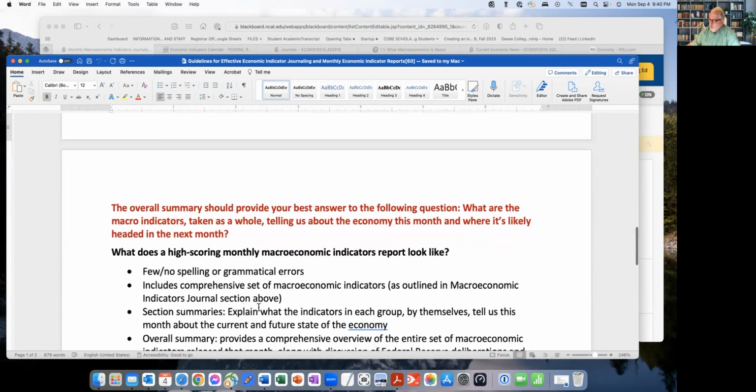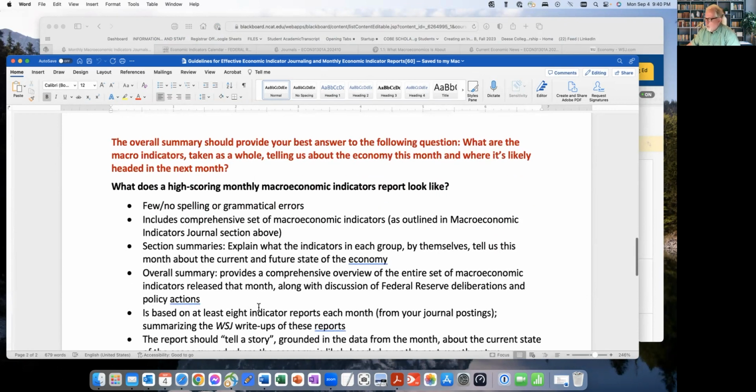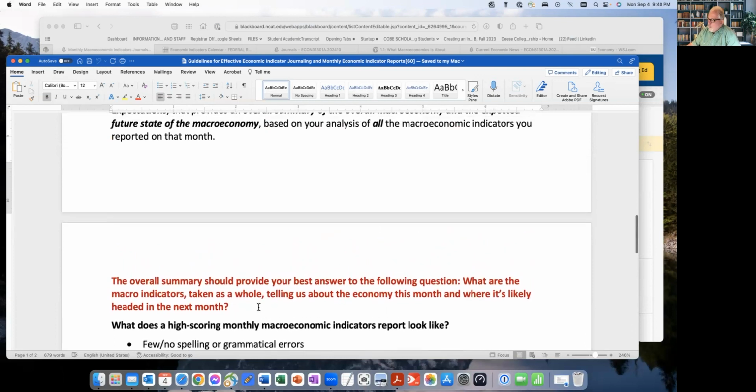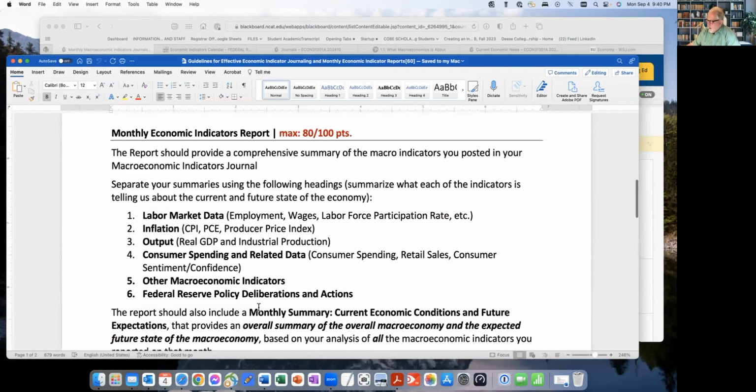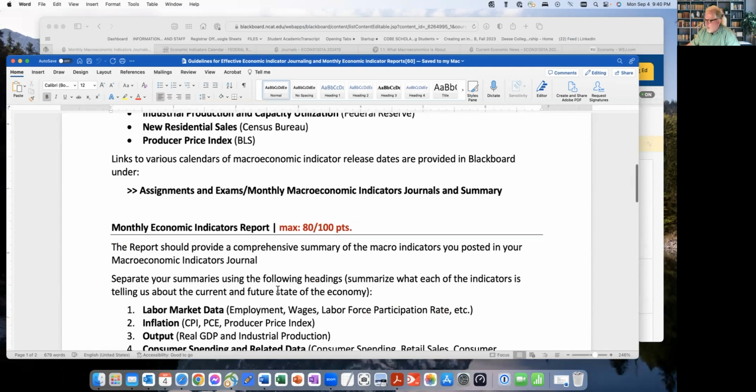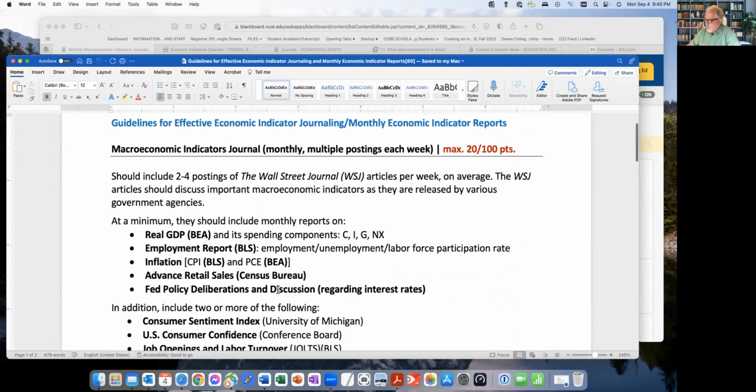I give you some pointers for what high-scoring monthly macroeconomic indicators reports look like. That's the end-of-month summary. That will be part of your course grade, and part of the grade for that is made up of the indicators report: 80 out of the 100 points. 20 points is on the actual journal itself.